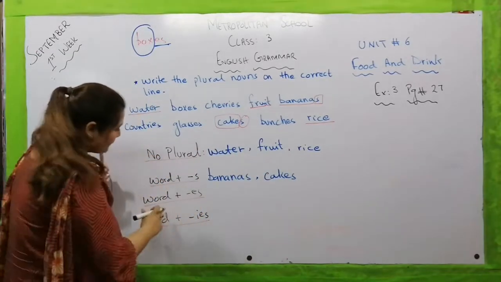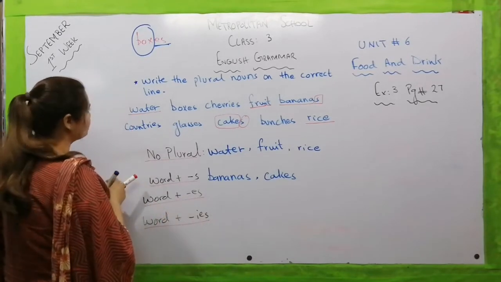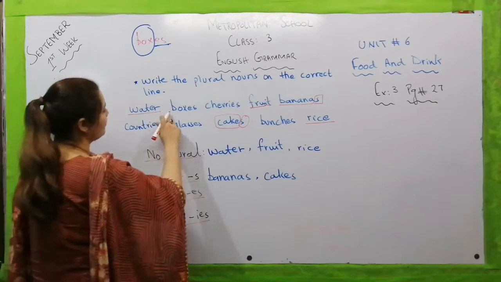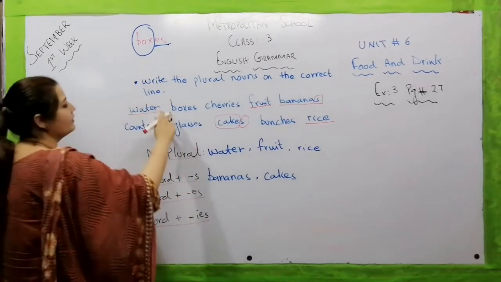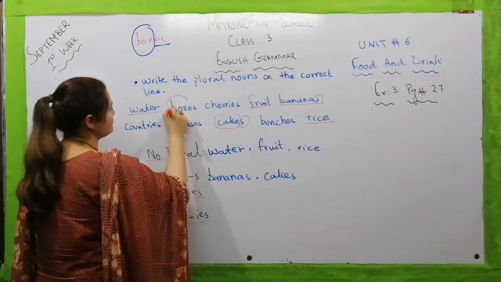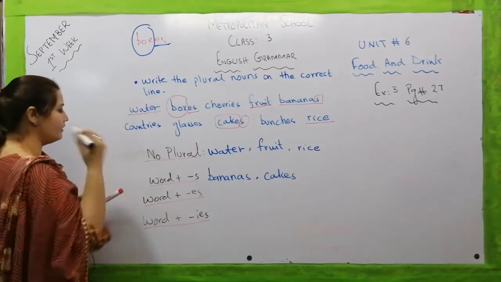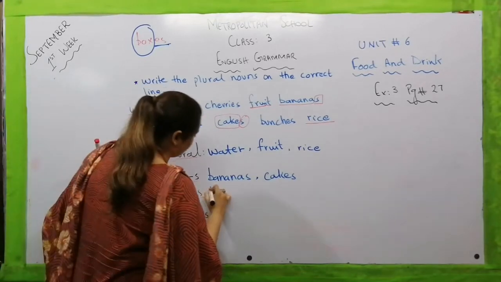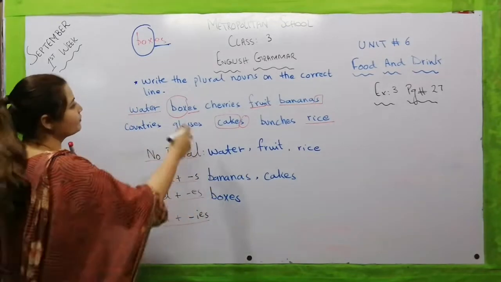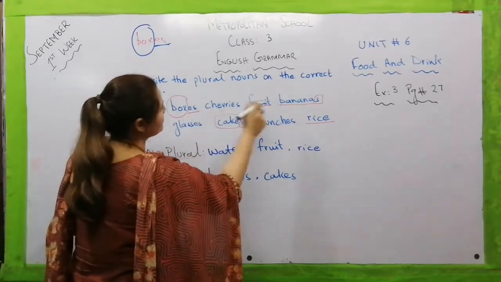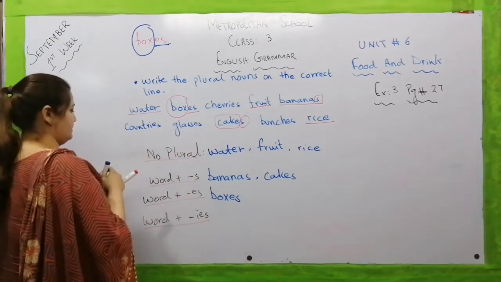Now let's move towards the next group, the words which end with es. Now let's find out the words. Boxes. As I have already shown you, boxes is box and es left. So we are going to write this word in the es group, boxes. Let's find out more words of this group. Boxes, cherries, countries and this glasses.